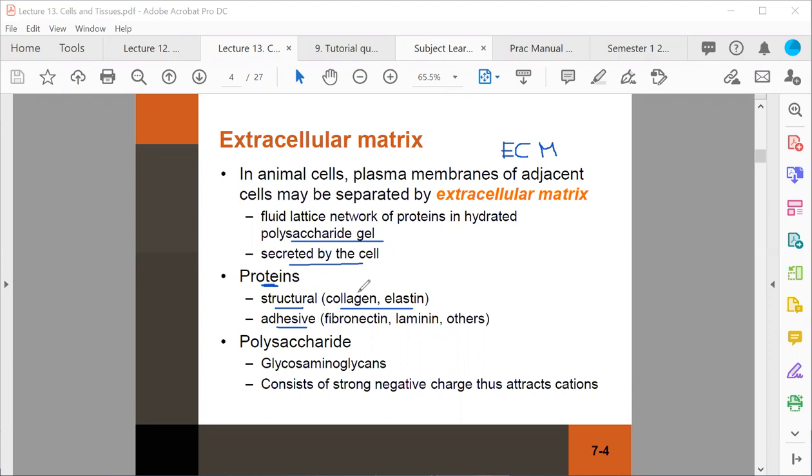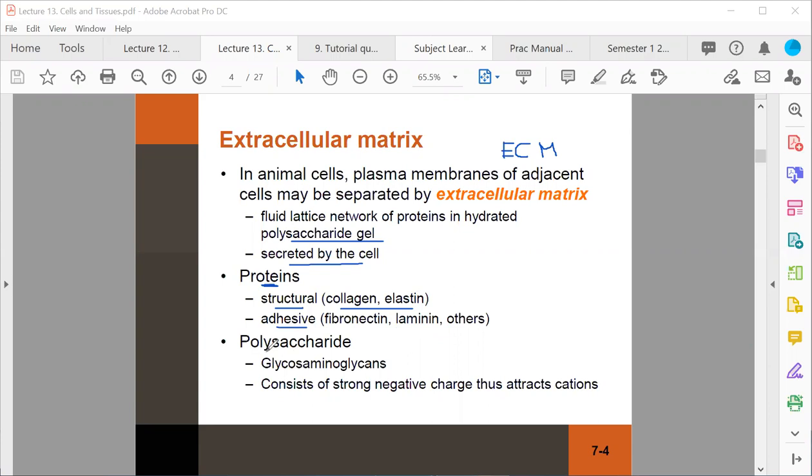That's incredible. Elastin proteins, on the other hand, have very low tensile strength but very high elasticity. So they're the proteins that allow you to stretch your skin. Then we have various adhesive proteins, fibronectin, laminin, and others.